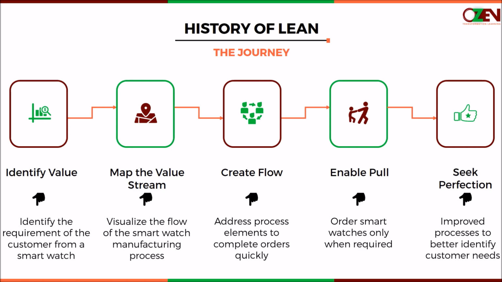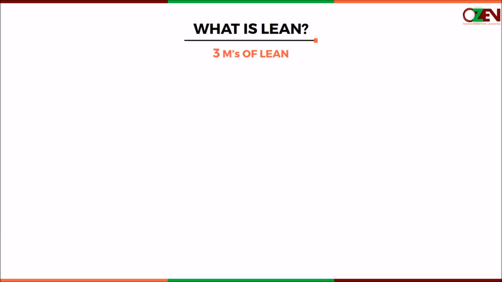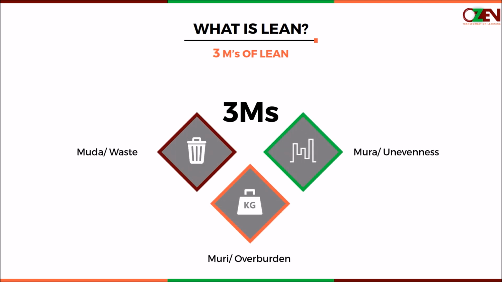Now, let's know more about the 3 M's of Lean. Lean focuses on relentlessly eliminating 3 major process issues, or the 3 M's of Lean. They are muda, mura, and muri. Muda means waste. Mura means unevenness, and muri means overburden.